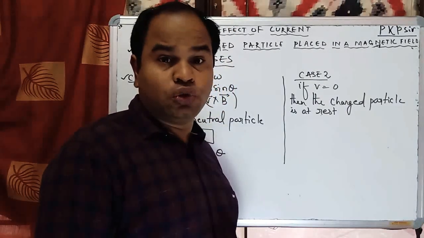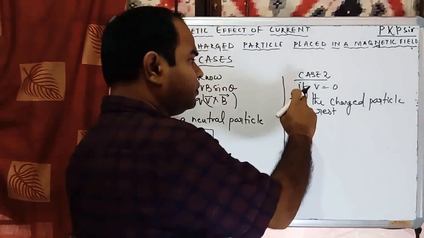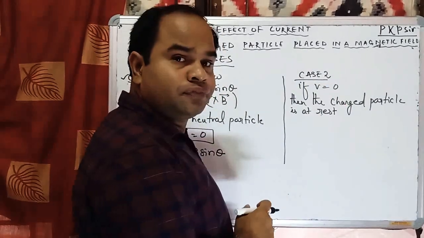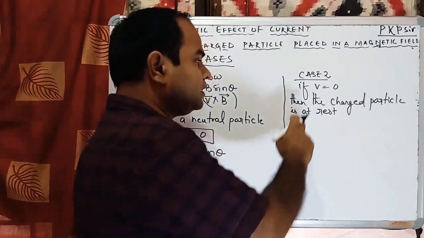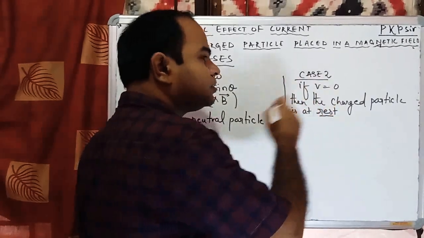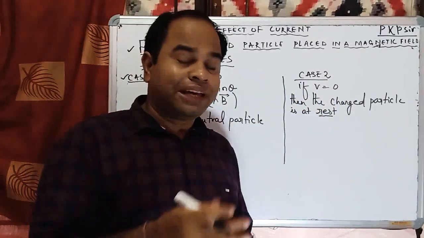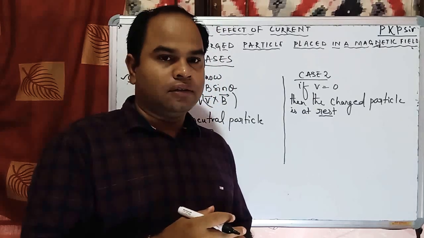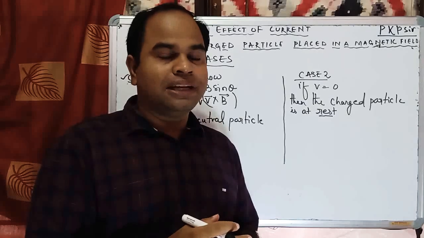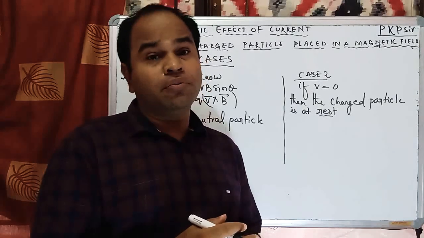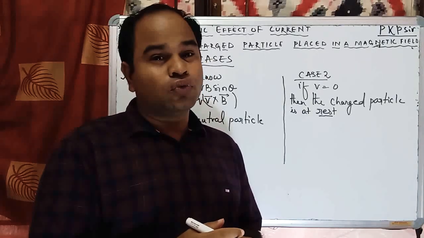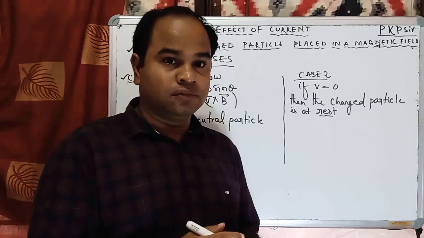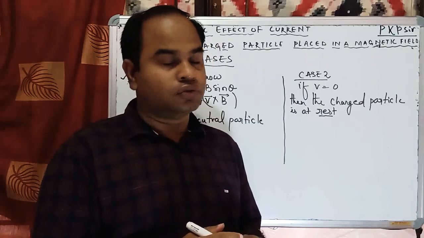Case 2. If v is equal to 0, then the charged particle is at rest. We read in the earlier section that when a charged particle is placed at rest in a uniform magnetic field, no force acts on it, or it experiences 0 force.